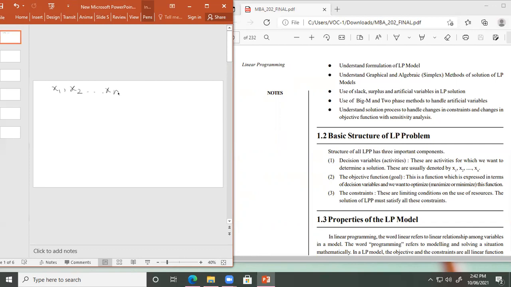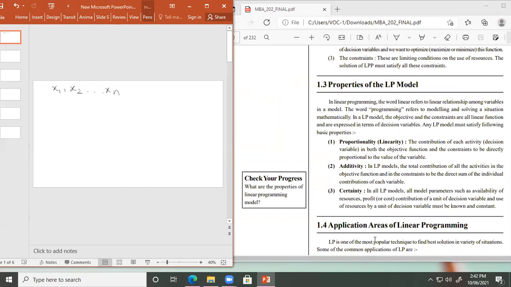The objective function, or goal, is the function which is expressed in terms of decision variables. We want to optimize, that is maximize or minimize, this function. The constraints are limiting conditions on the use of the resources. The solution of an LPP must satisfy all these constraints.